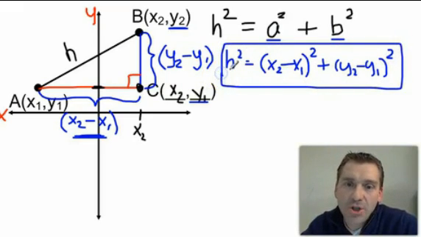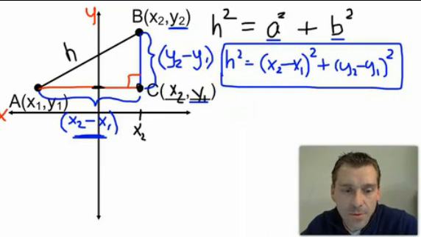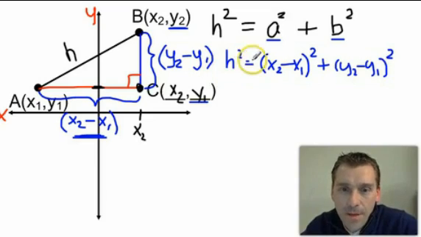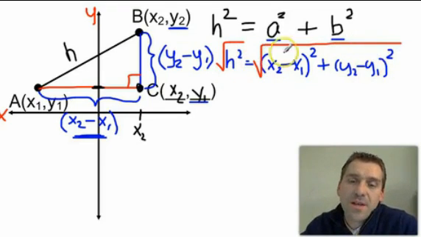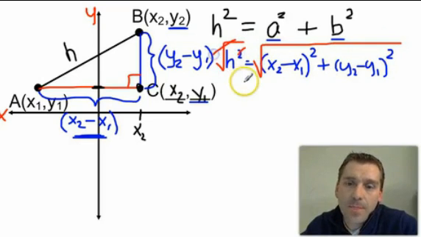But it is not solved for h yet. We have to do what? That's right. Take the square root, to undo the square. I have to take the square root of that whole thing. So what does that give us? Well, first of all, these cancel out.